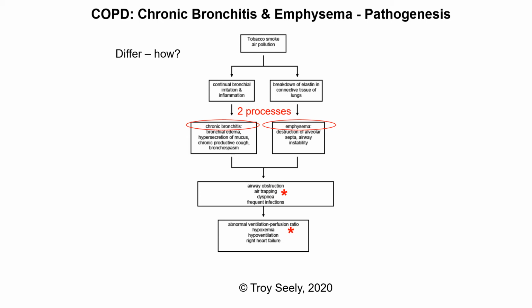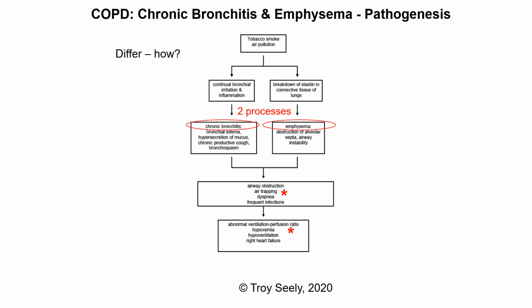This elastin, because of the smoke, will start to break down. And that breakdown will result in what's known as emphysema. You have destruction of the alveolar walls, or the septa, and the airway becomes a bit more unstable. You're not having good expansion and contraction like you should. In some cases, you'll have expansion and it just won't contract again.